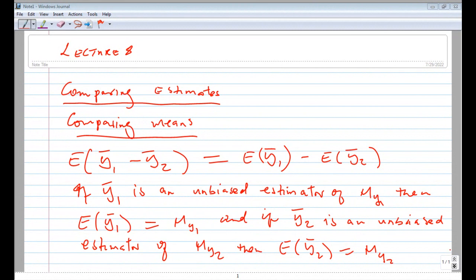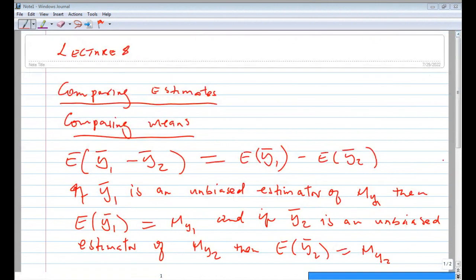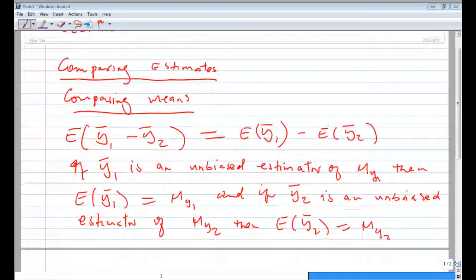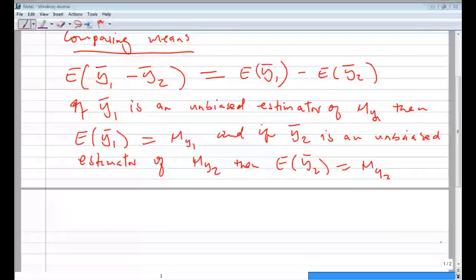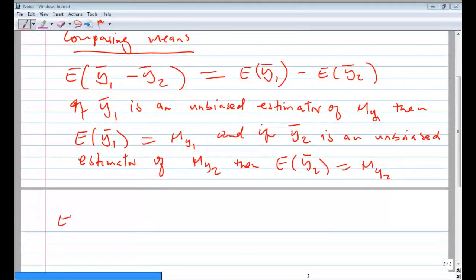So therefore, the expected value of y bar 1 minus y bar 2 can also be written as what? Expected value, like what we did before.